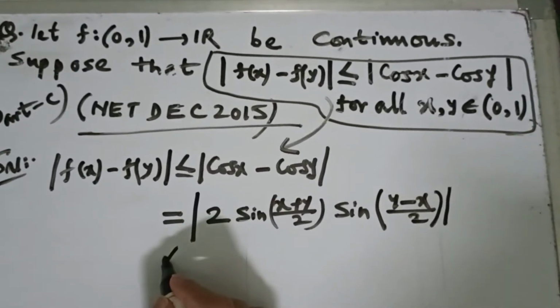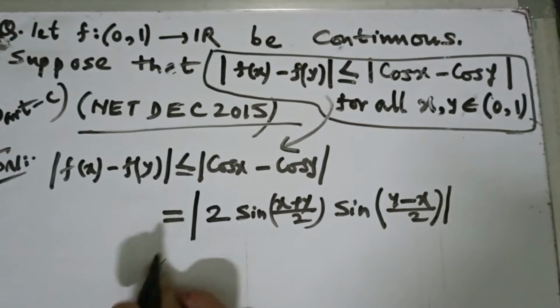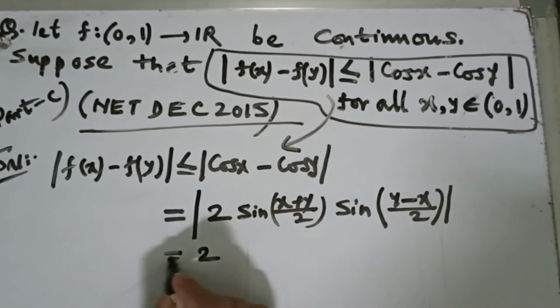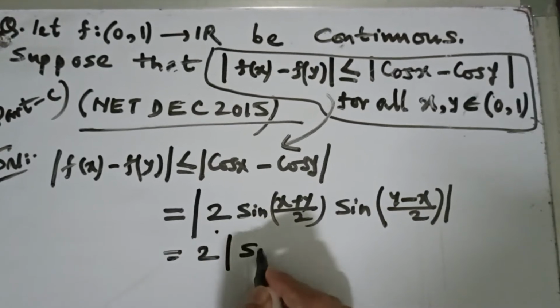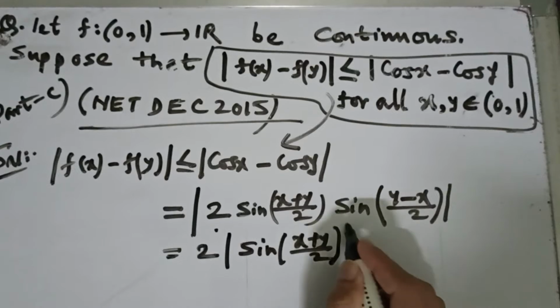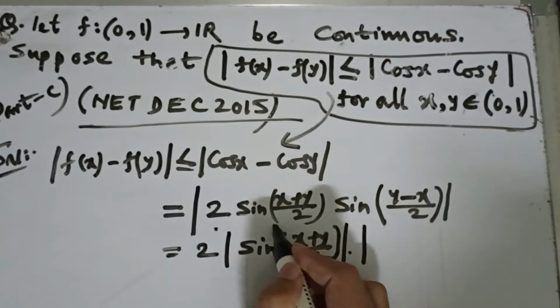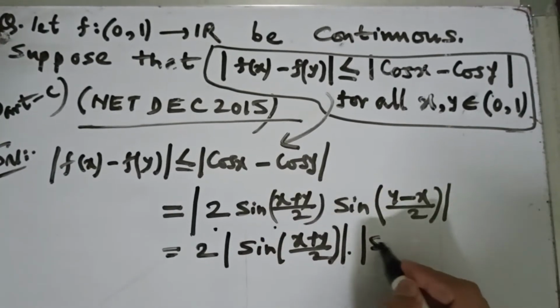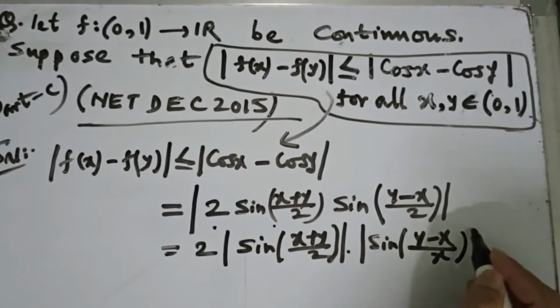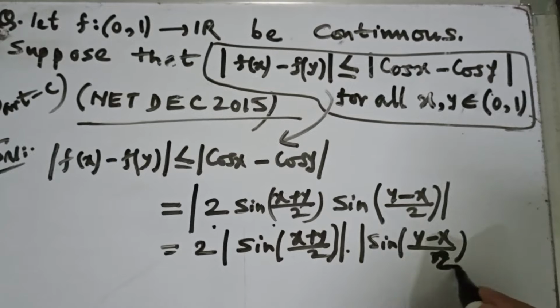Now this can be written as the modulus of ab; |2| is 2, positive, and |sin((x+y)/2)|, since modulus of ab is modulus of a into modulus of b. So this will be |sin((y-x)/2)|.